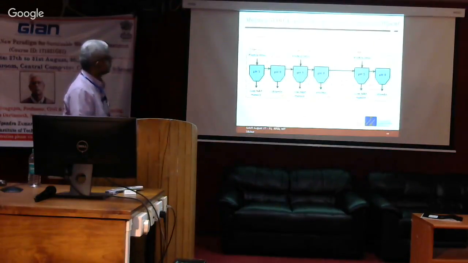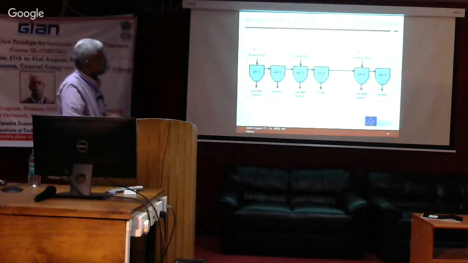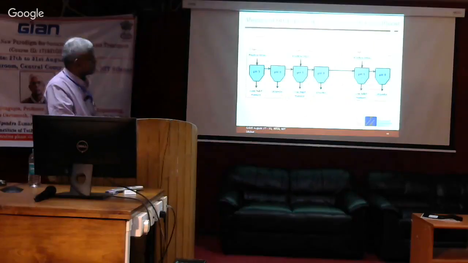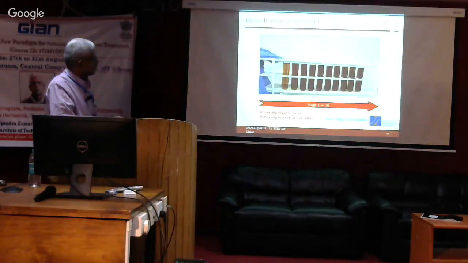Okay, so the question is, if you have a lot of DOM, dissolved organic matter, then the recycle of the effluent becomes a little challenging. So I will just show you. This is the effluent that was reused 10 times.